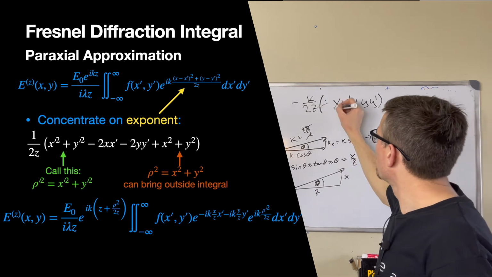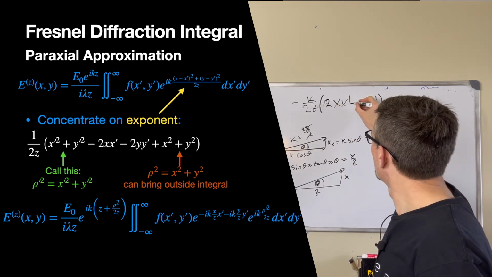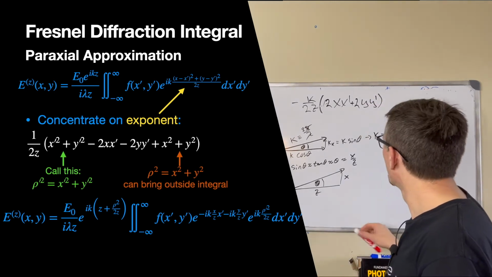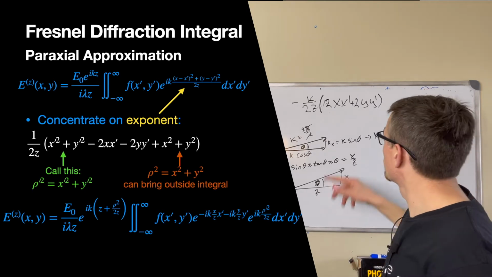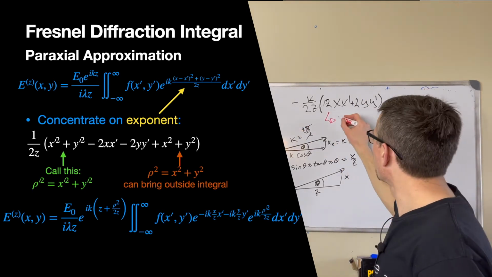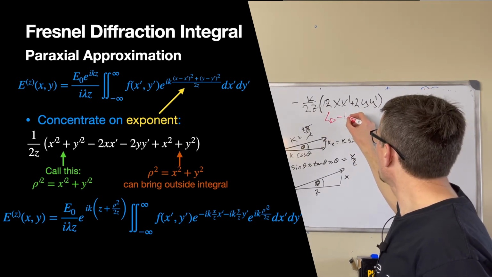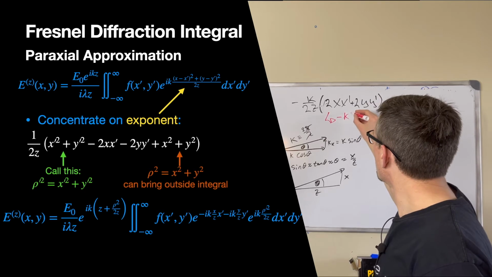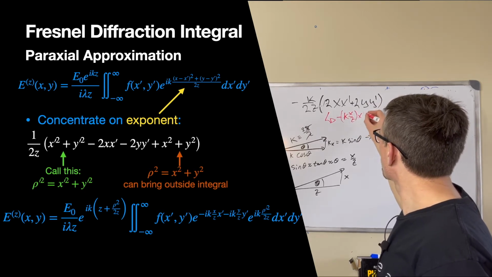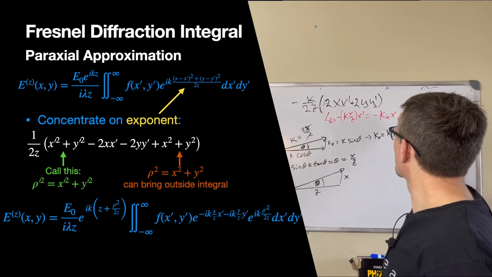But that's actually very similar to something we have here. And by the way, I'm sorry, there's a 2 here. So let's see what we can do there. If we just concentrate on this x part here, we're going to get a minus, the 2's will cancel, so we're going to get k times x over z times x prime, which we call kx x prime.